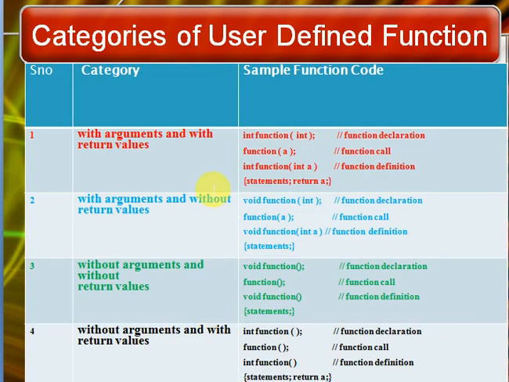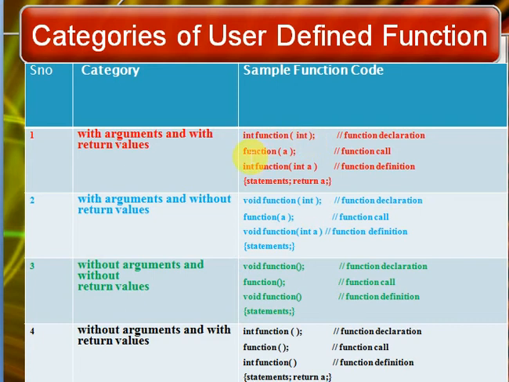The table shows details of these categories. That is the first category, with arguments and with return type. So in this category, at function declaration, the user defined function is returning a value of type integer and passing an argument of type integer.